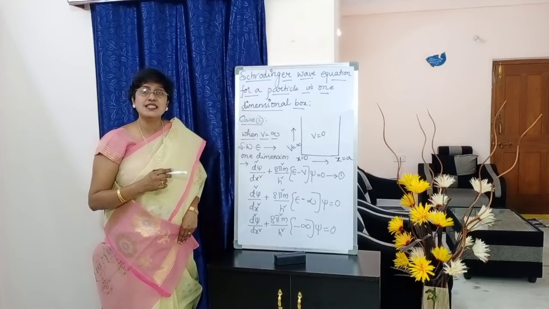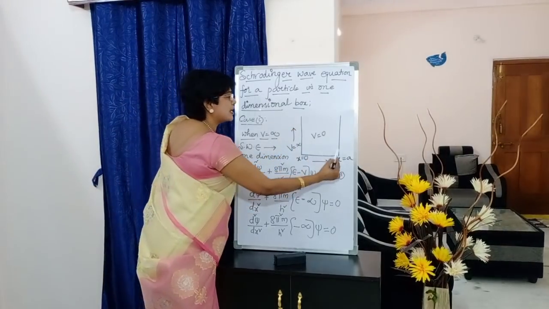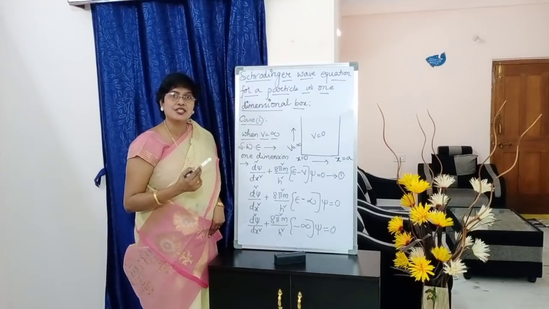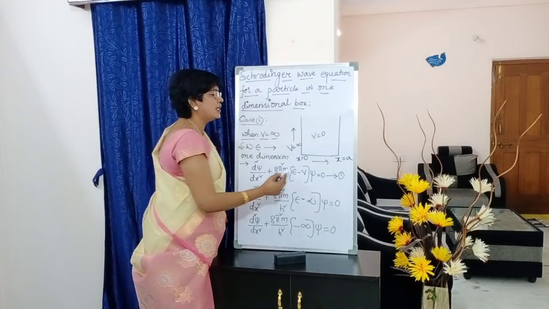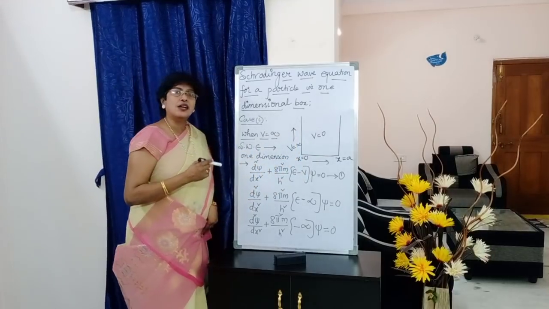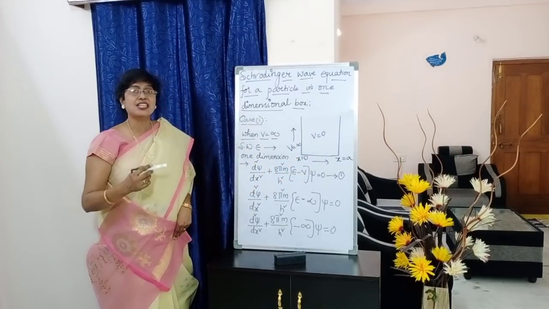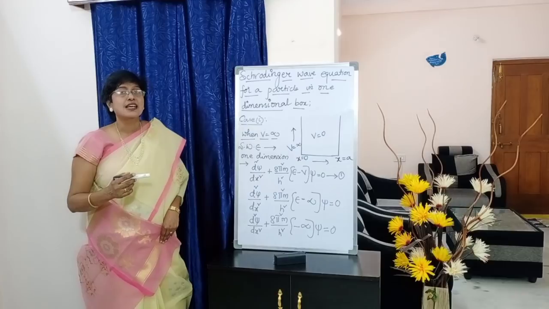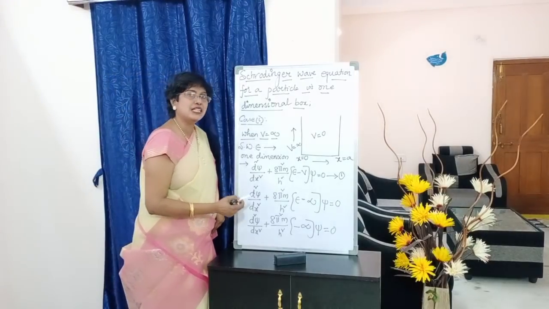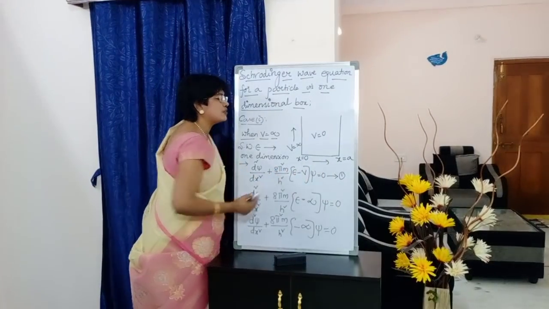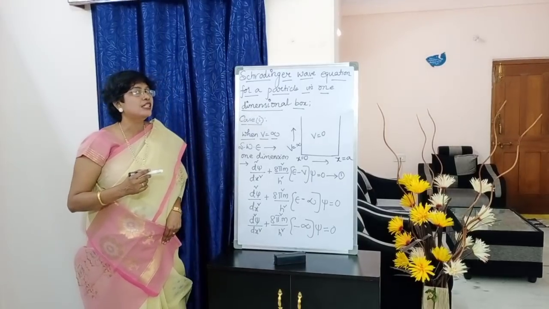We need to consider a one-dimensional box, and let us assume a free electron restricted inside the box, having the dimensions x is equal to 0 to x is equal to a.